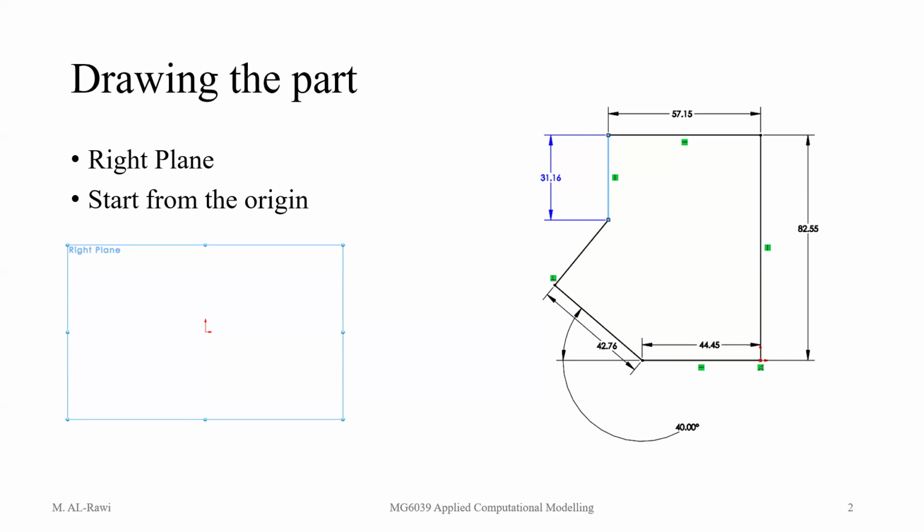So again, my advice for you, always when you sketch, add the dimension. So when you start with this line, quickly add the dimension. When you go that way, add the dimension. So you create the relationship between them nicely.